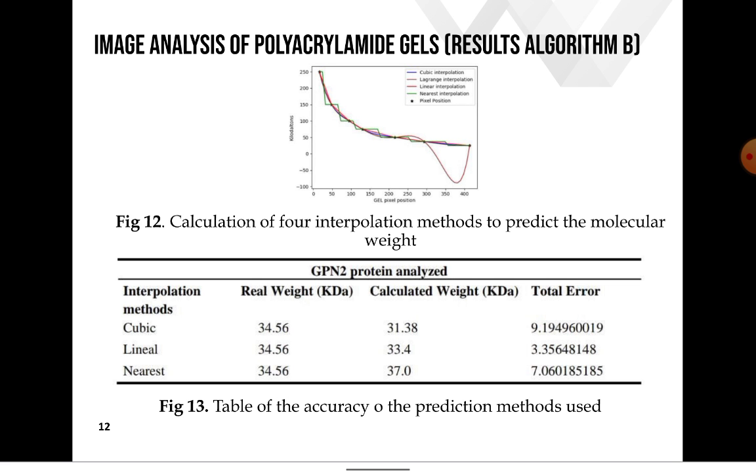So with this methodology, we find the best correlation among the interpolation methods used. Our results show that linear interpolation has less error than the others, with only 3% error, an accuracy of 97%. So our method can find the molecular weight of the proteins inside the lanes.